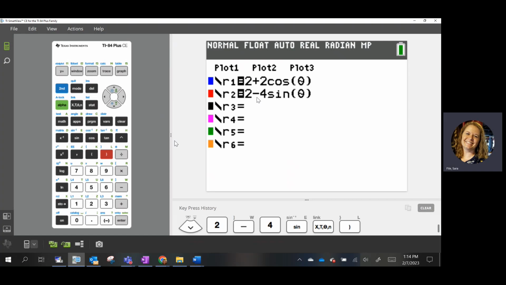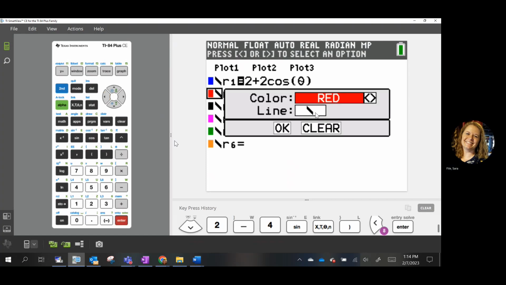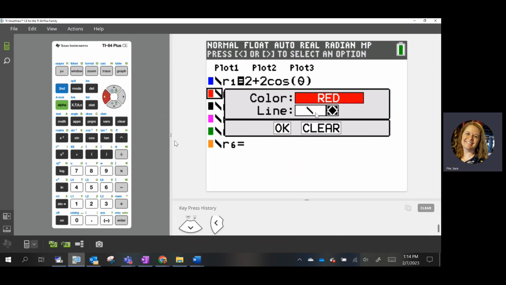Now you'll notice on the paper I gave you, we want to watch this be traced. So we're going to come over here to the left of the equation, right here. Now yours doesn't have the color, unless you personally have the color version. But when you hit enter here, you can change the line, like how thick it is, or if it's dotted or dashed.